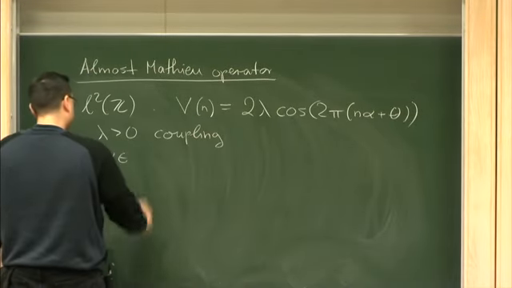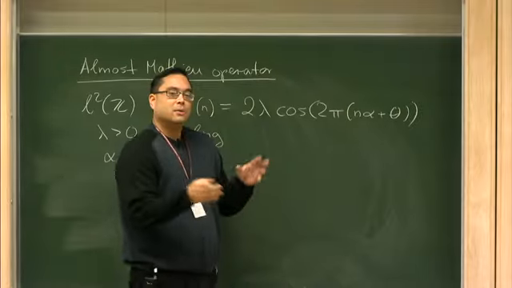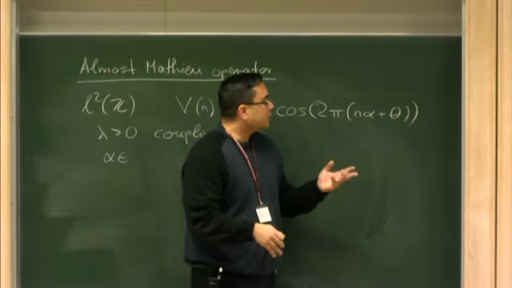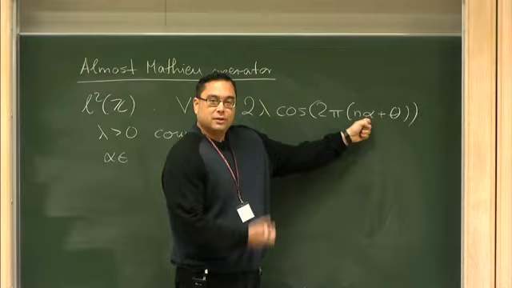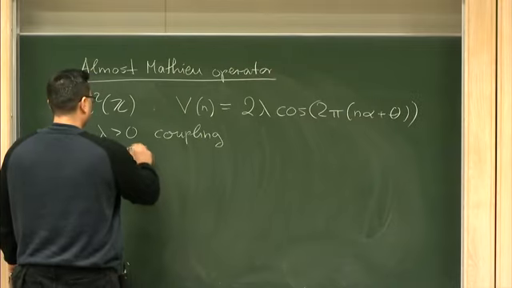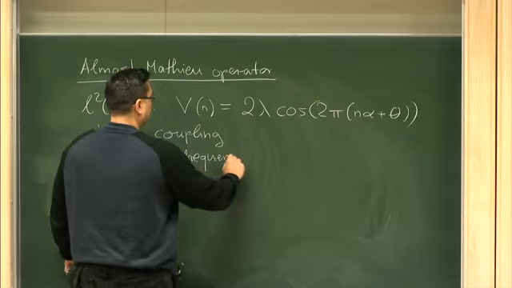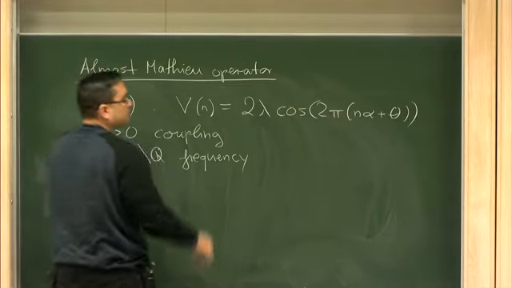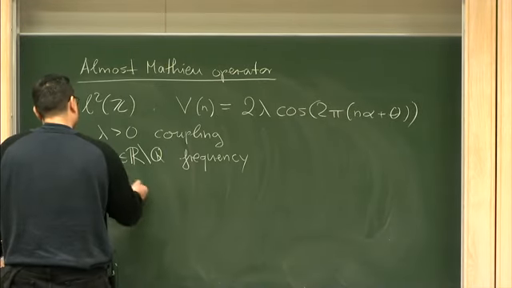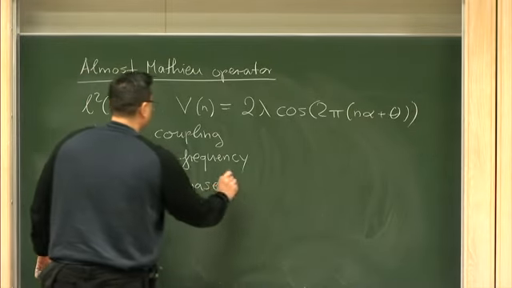Alpha: to make it non-trivial, in the sense that we feel like we understand periodic potentials in one dimension completely, if alpha is rational, this will be periodic. So we want to take alpha irrational. It's called the frequency. And the theta, that could be anything. So that actually doesn't play a really important role, but it does play some role. This is called the phase.